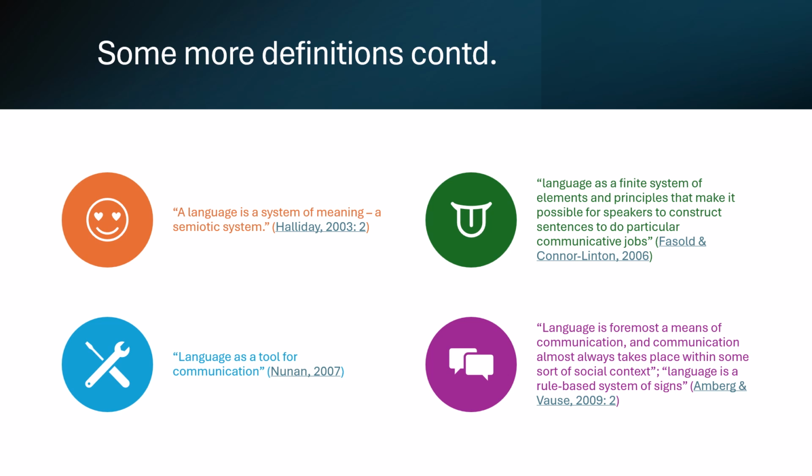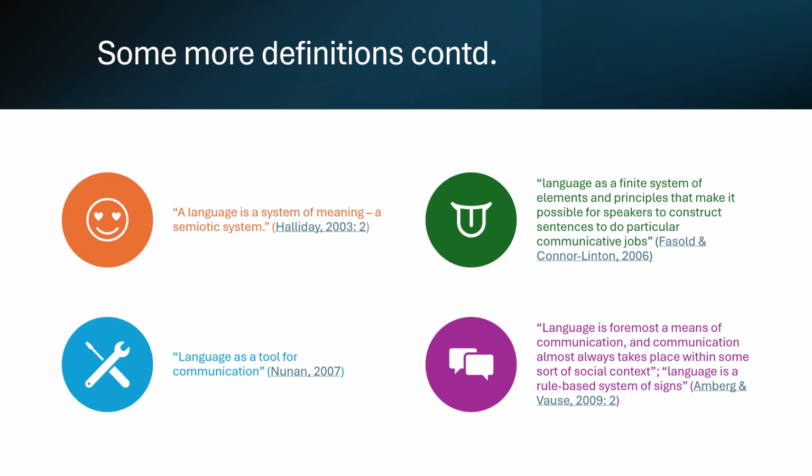So again, you're talking of system, elements, communication, speakers, expression. Let's look at Nuna 2007, who says language is a tool for communication. So here, language is a tool, very simple and direct, and it's for communication. Because essentially, if language is not used for communication, I don't know what it will be used for.